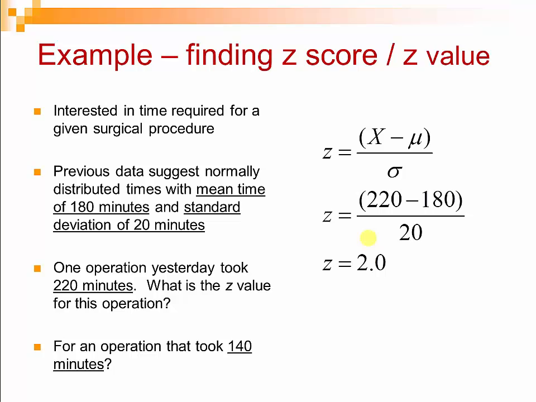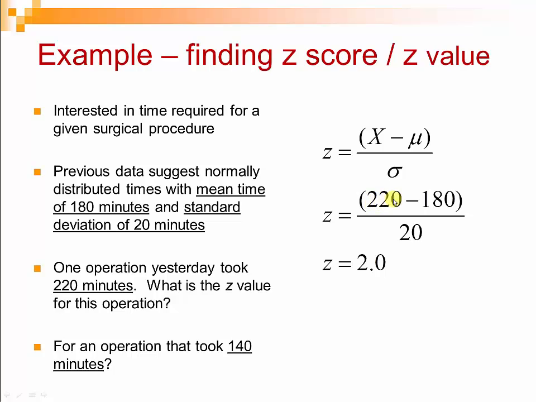What if we had the value of an operation that took 140 minutes? Why don't you go ahead and pause the video for a second and see if you can calculate that out yourself. Did you figure it out yourself? Well, all we have to do is switch the value out of our x value. So we would put 140 in instead of the 220.